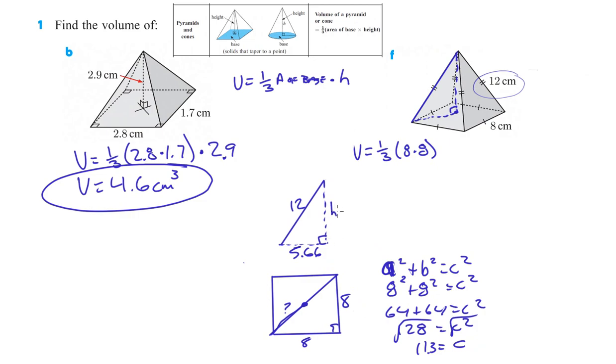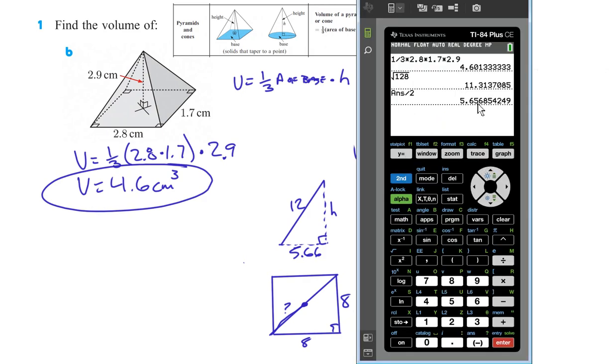Now that we have that, we can go back up here and do, again, a squared plus b squared equals c squared. The important part is that c is 12. We can do 5.66 squared plus our height squared, right? So there's our 5.66.